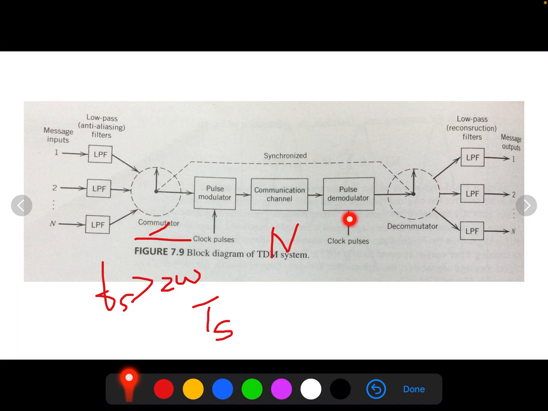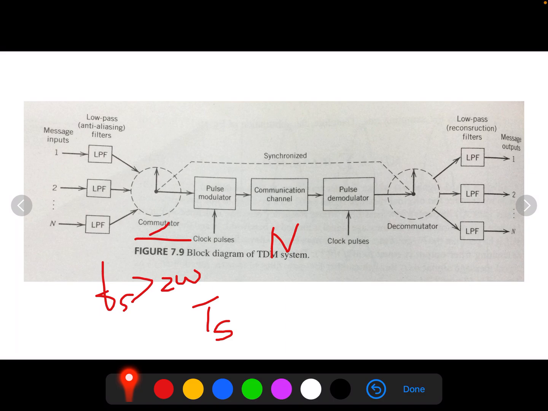The narrow samples produced at the pulse demodulator output are now distributed to appropriate low pass reconstruction filters by means of a decommutator, which operates in synchronization with the commutator in the transmitter.